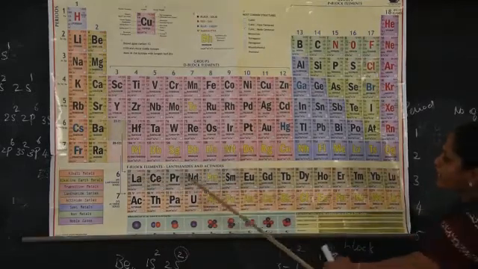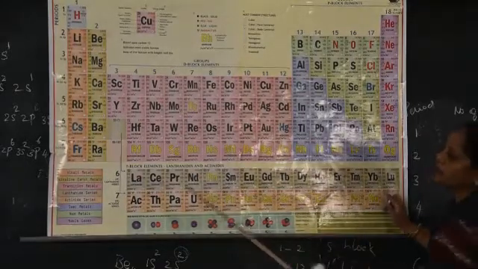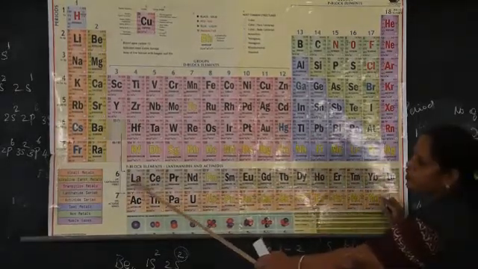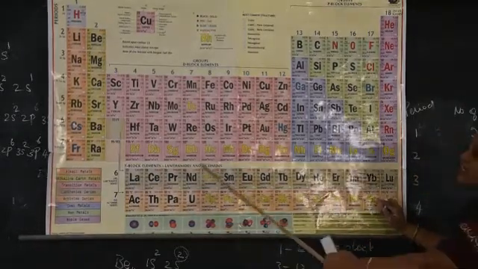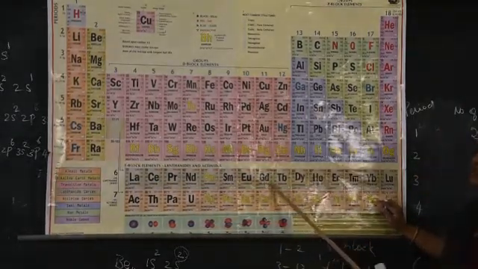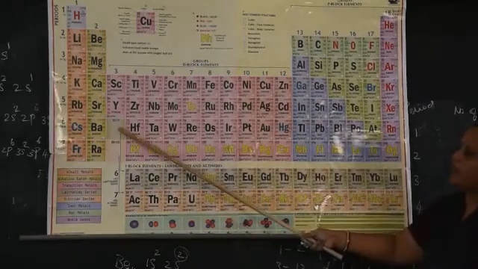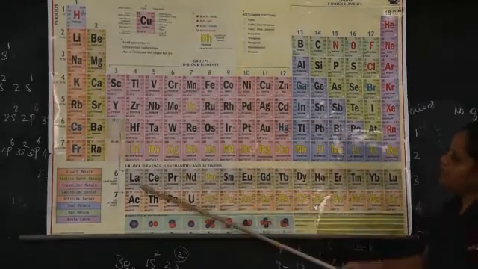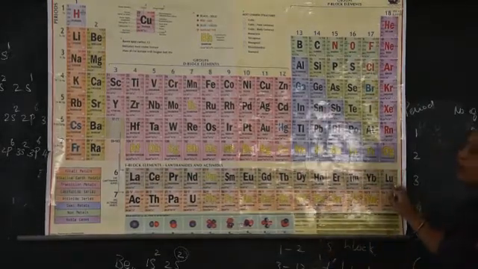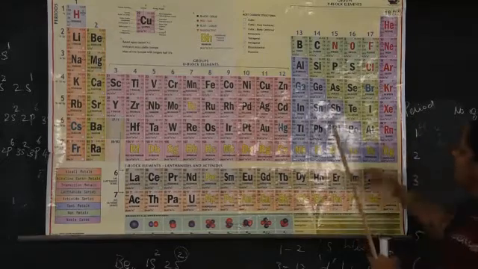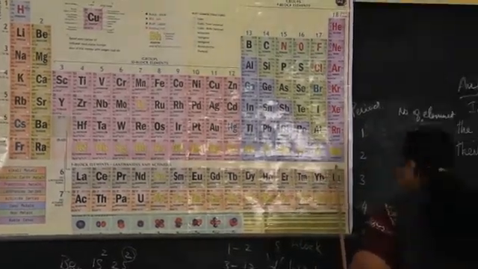The properties of these 14 elements are similar to those of lanthanum. That's why they are placed along with these 14 elements, called lanthanoids. But the actual position of lanthanum is here only. After that, 58 to 71 is here. Totally how many elements are there? Here 18, here 14. Totally 32.